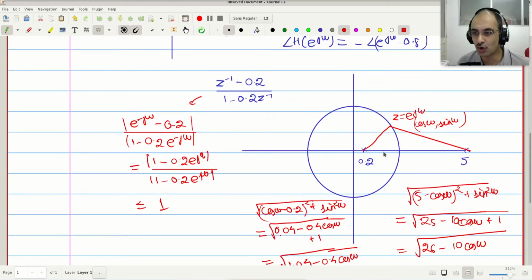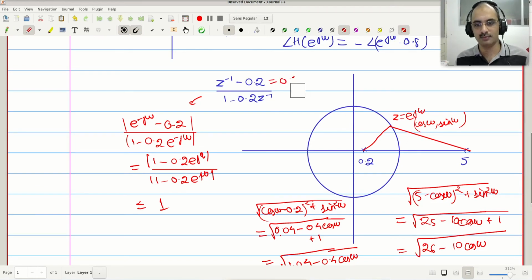So why does this anomaly occur? This anomaly occurs because the pole zero diagram does not capture the fact that this numerator has an extra constant term. Basically if I were to write it in the standard form, this would be minus 0.2, 1 minus 5z inverse.